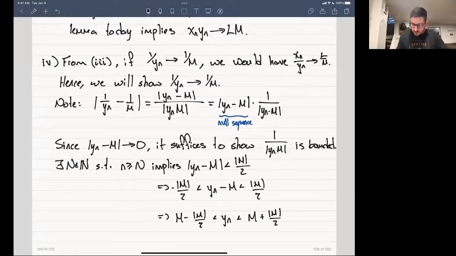And all I care about is that bottom limit there. So you can work out some cases if you'd like on the side, but this shows me that the absolute value of yn is bigger than the absolute value of m over 2. And this is again for all n greater than or equal to N.